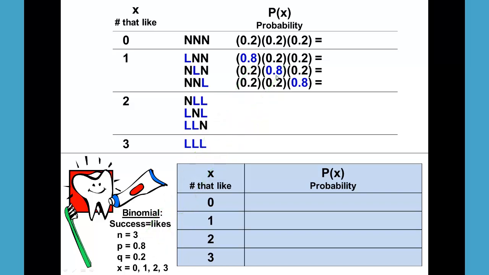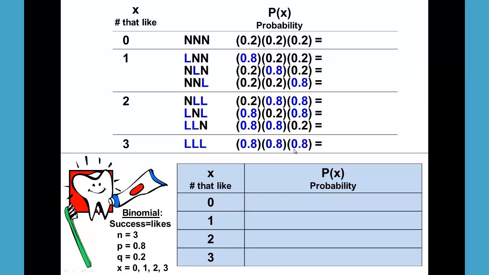Notice that the other 2 arrangements here are 1 success and 2 failures, just in different orders. In the next set, we have 2 successes and 1 failure, 2 0.8s and 1 0.2, in different orders. And for 3 liking the toothpaste, we have 3 0.8s.